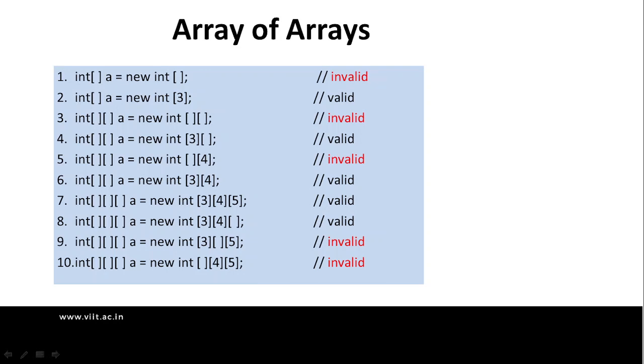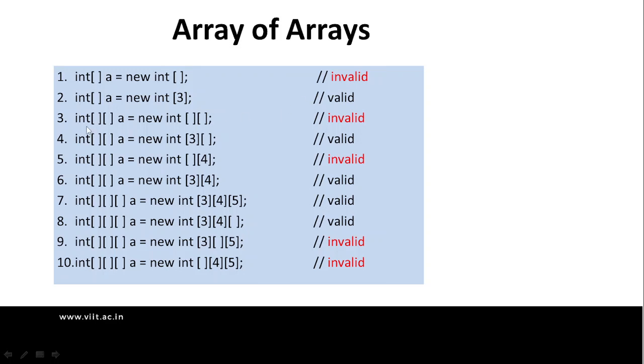In the previous example we ran this and it is invalid, because in this single line declaration we have to declare the size at the time of declaration. You have to indicate the size of that array. The second statement is valid: integer array a equal to new integer with size of 3.